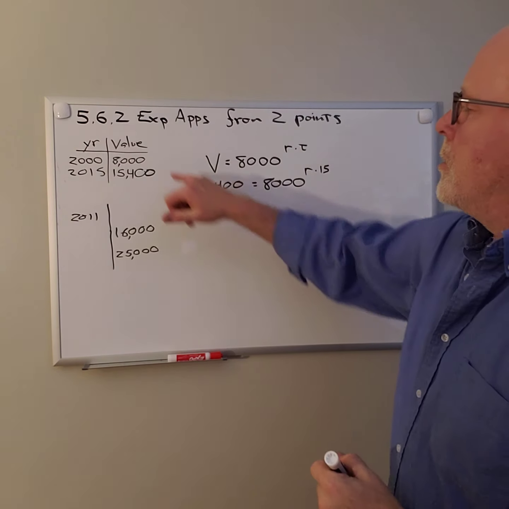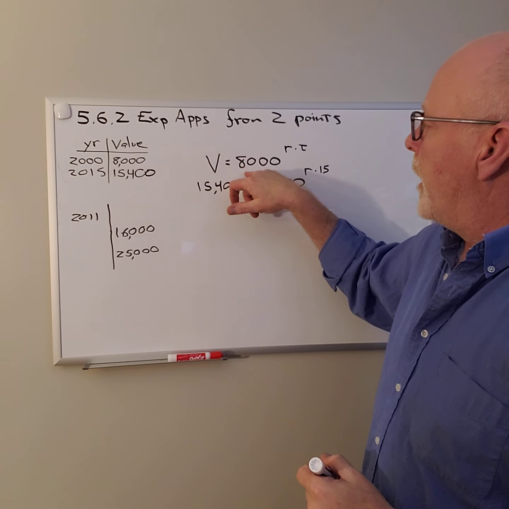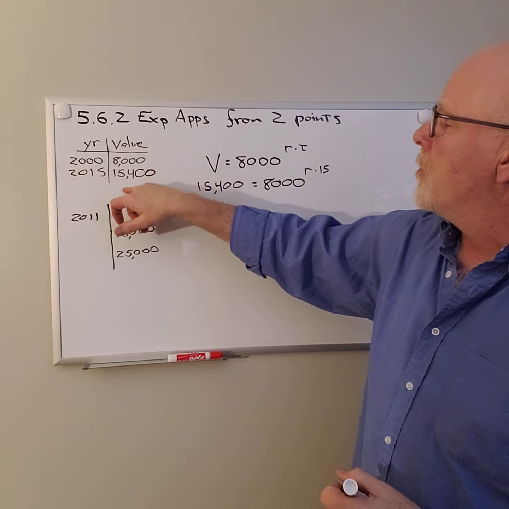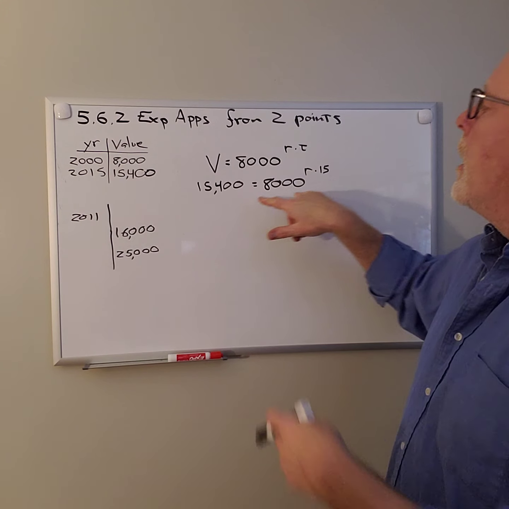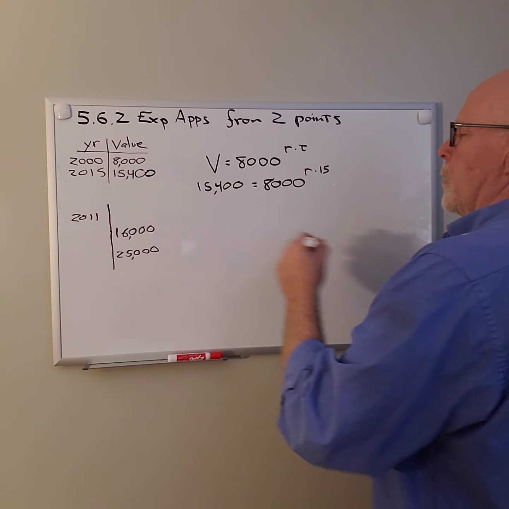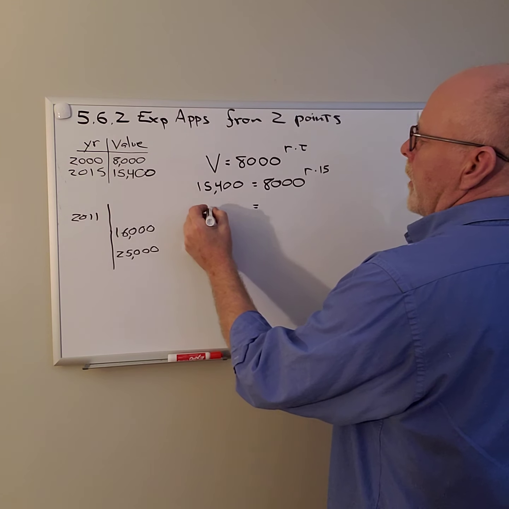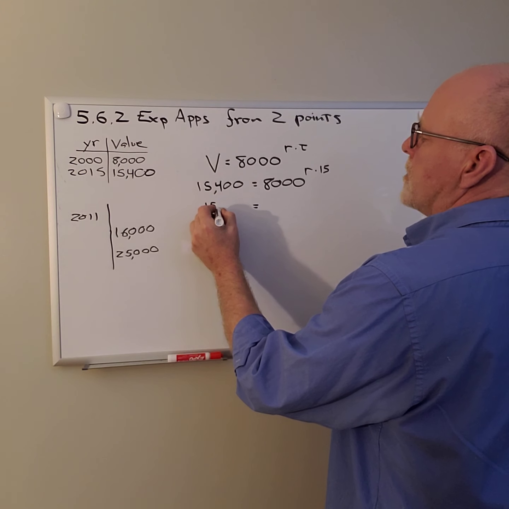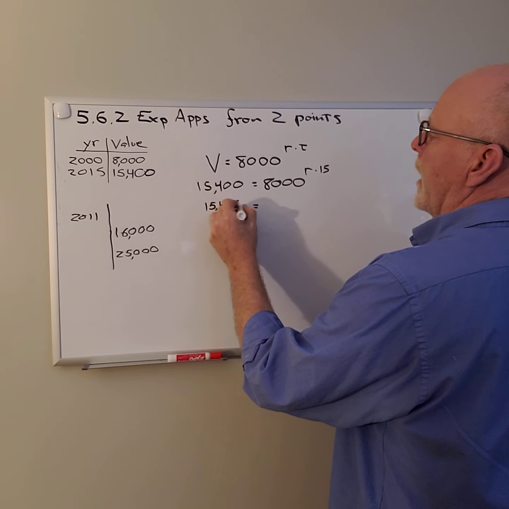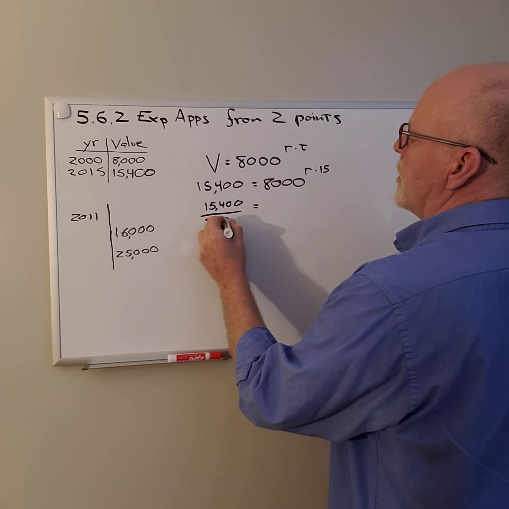Okay, so we use our initial time to find the starting value, and then we use this other time to plug that in here, and we can solve this to find what the rate's going to be. And it's not too tough to solve. It's always going to be the same. You're always going to divide both sides by the initial value.